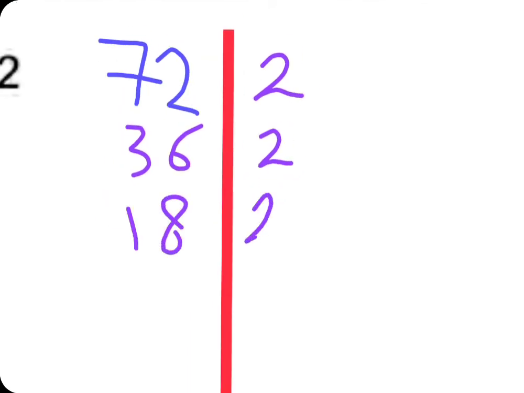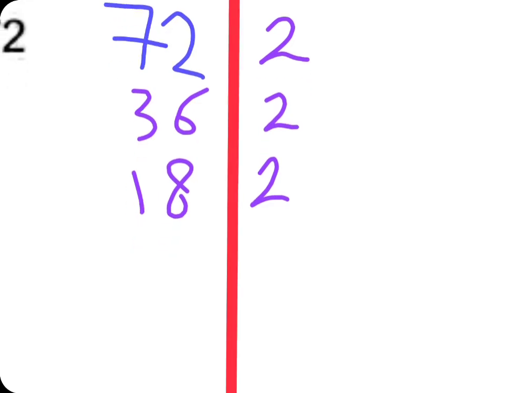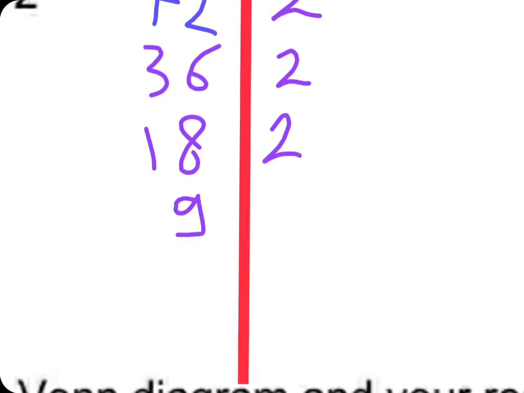And then 18 divided by 2 equals, very good, 9. Now, can we divide 9 on 2? No, we can't. So we move on to the next prime number, which is 3. Very good. So 9 divided by 3 equals, good job, 3. And then 3 divided by 3 equals, very good, 1.